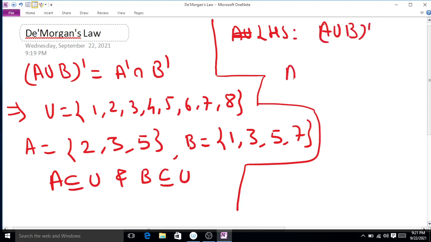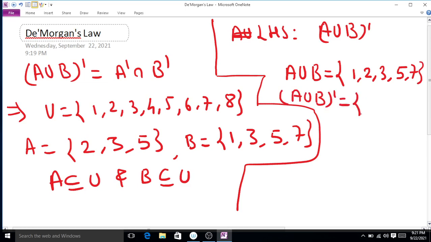So first we want to determine A union B. A union B is equal to, we want to collect x such that x is present in at least set A or B. So A union B is 1, 2, 3, 5, 7 and (A union B) complement is equal to, we want to collect all x which are not present in A union B but present in set U. So (A union B) complement is equal to {4, 6, 8}.